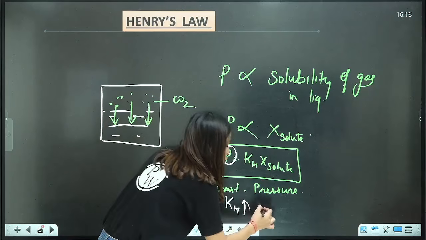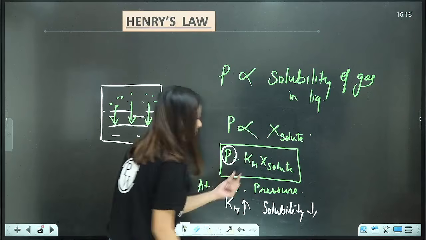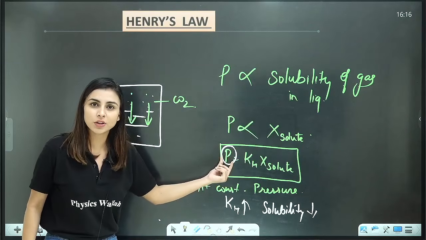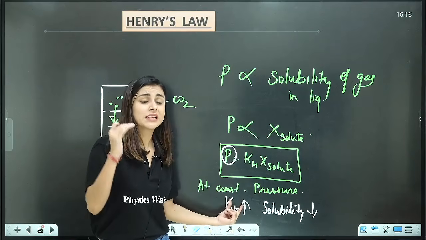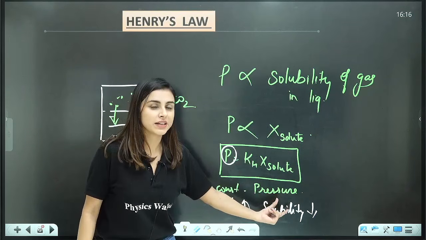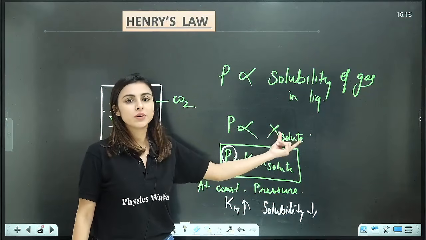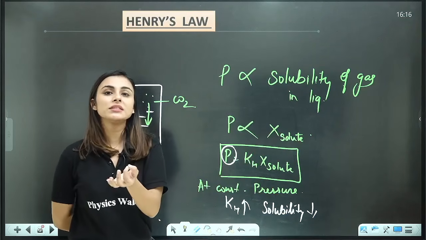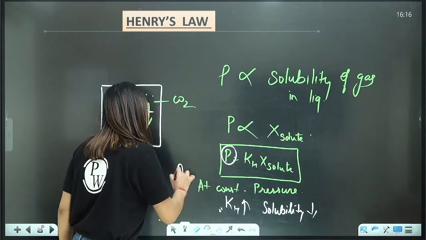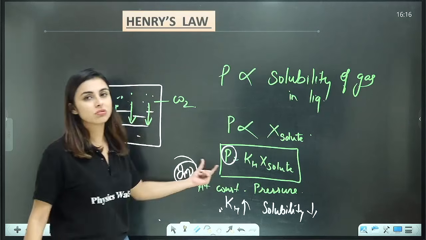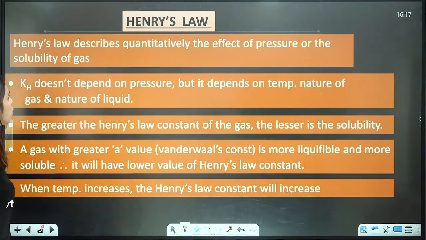Why? Because its mole fraction would be less. Because the multiplication of both should be a constant value, and you are talking about a constant pressure. So if at constant pressure some gas's KH value is more, its solubility would be less, and if its KH value is less, then its solubility would be more. The conceptual questions are made using this concept, so it is very important for you. Understand this concept and use it as well. We'll do the numerical part as well, so don't worry.